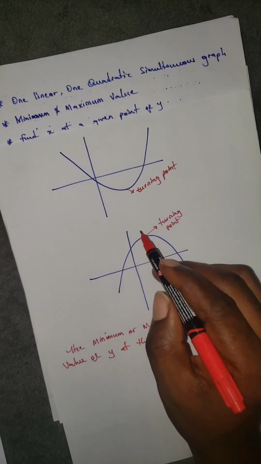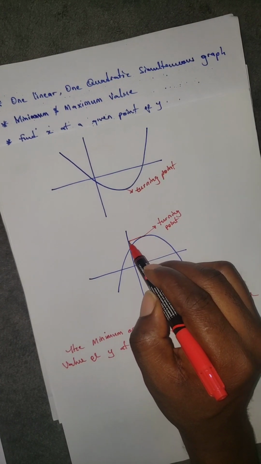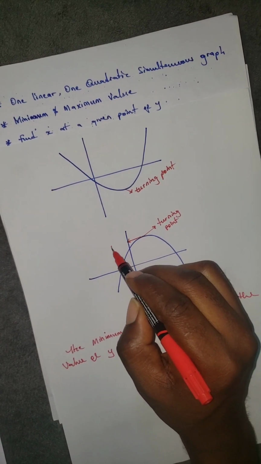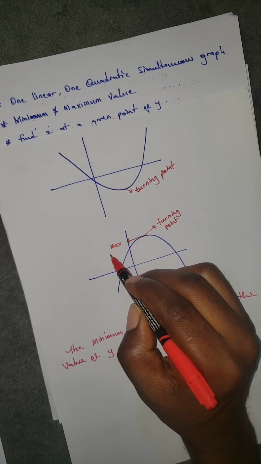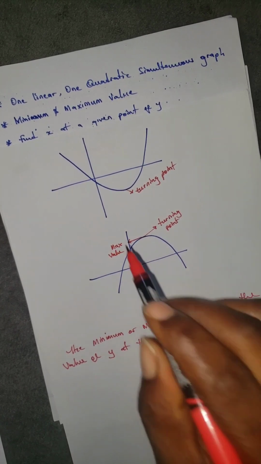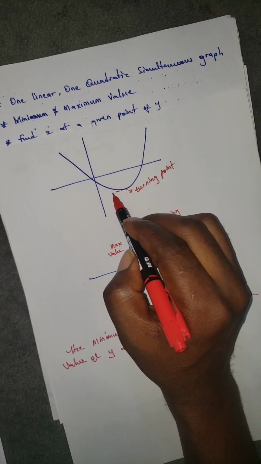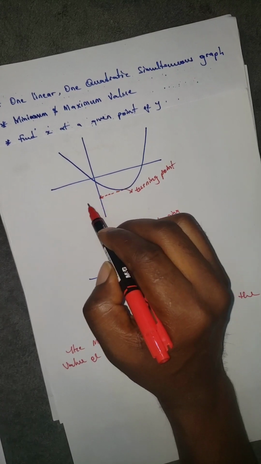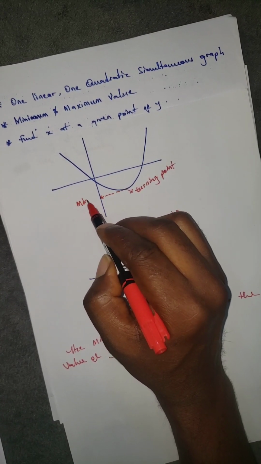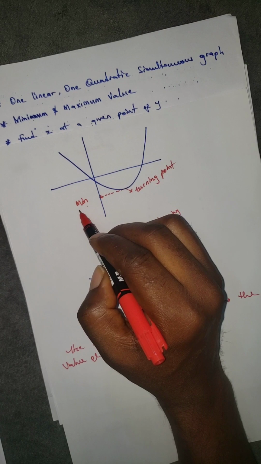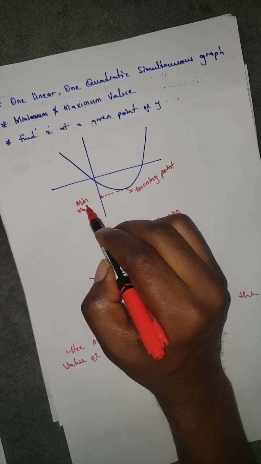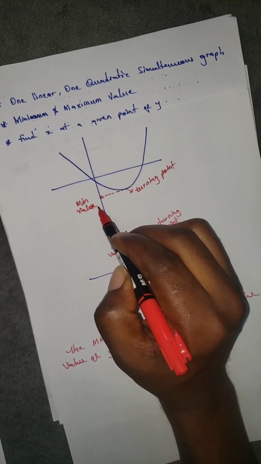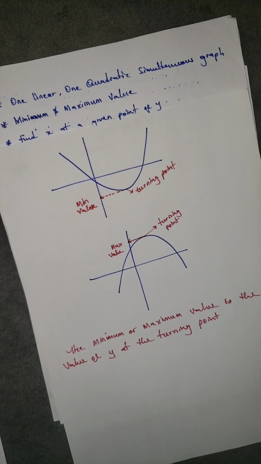So in this case, when you trace this and find this value here, it becomes your maximum value. And here, when you also do the same, this one will give you your minimum value. So that's how to get your minimum and maximum value.